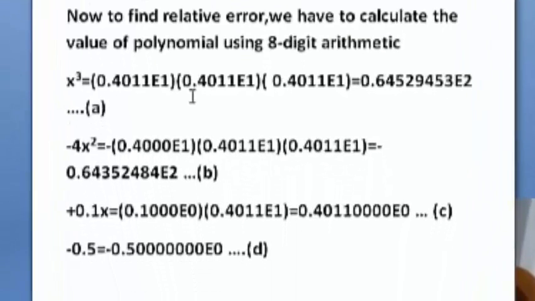This is equation A. Similarly, minus 4x square, using the given value of x, we get 0.64352 E2. This is equation B. Then 0.1x equals 0.40110000 E0. This is equation C. Then minus 0.5 equals minus 0.5000000 E0. This is equation D.